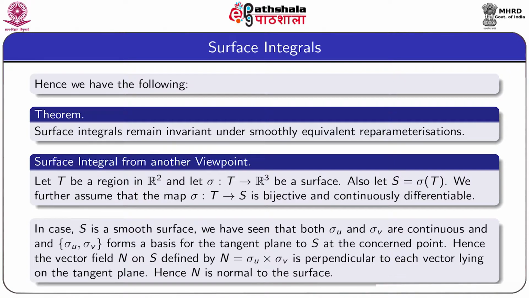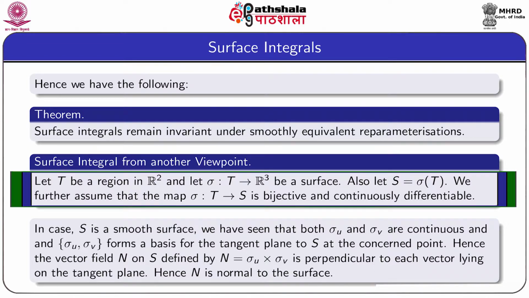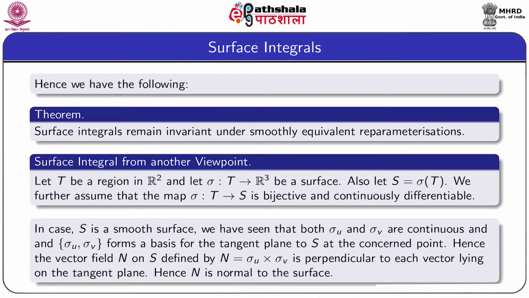Now, we are going to discuss surface integral from another viewpoint. Let T be a region in R2 and let sigma from T to R3 denote a surface. Also, let S equal sigma(T). We further assume that the map sigma from T to S is bijective and continuously differentiable.